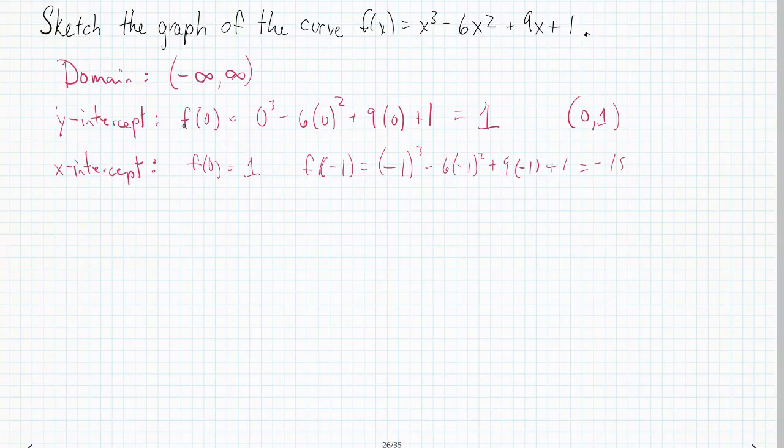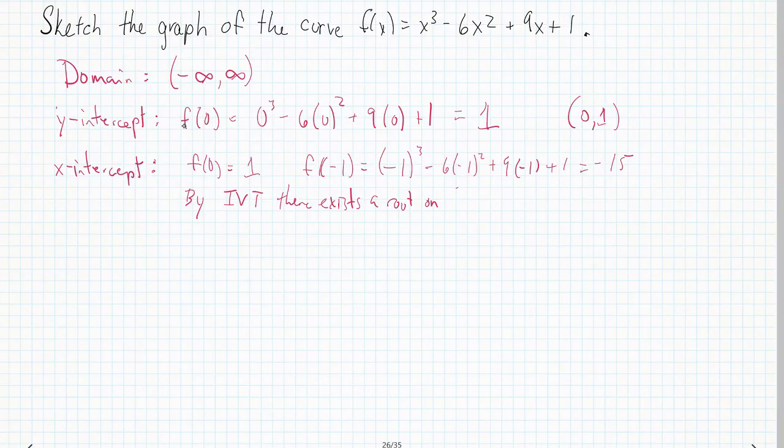All right, that's good. So by the intermediate value theorem, there exists a root on the interval negative 1, 0.